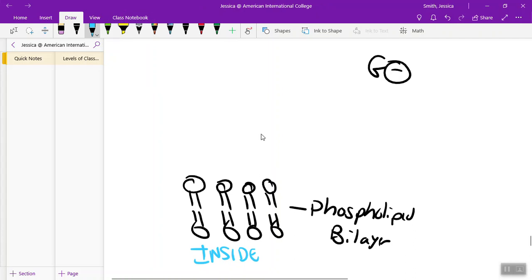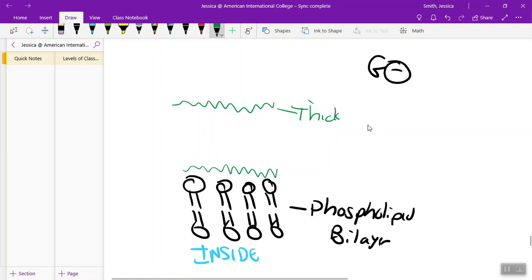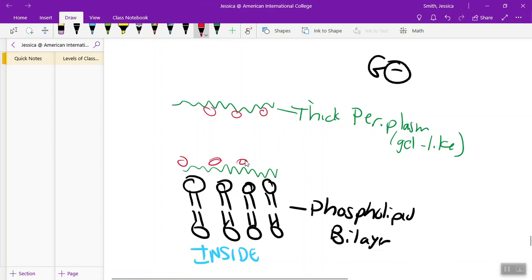After the phospholipid bilayer, we're going to have a periplasm. But this periplasm is very thick. So a thick periplasm. And again, the periplasm is a gel-like material. And there's a lot of really important little proteins embedded within it. And these proteins have a lot of important functions.